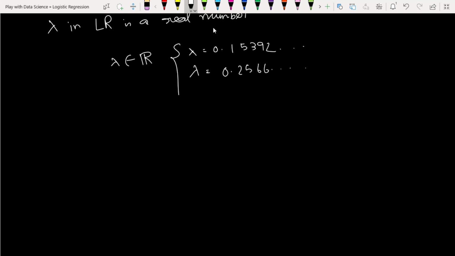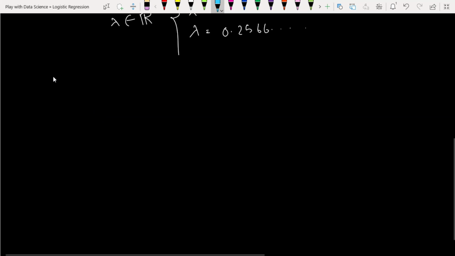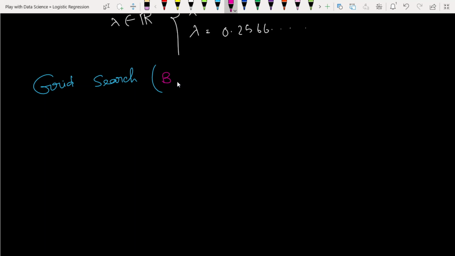Grid search. So let's discuss grid search. What is grid search? The grid search technique, we can alternatively call it the brute force technique. Some authors call it a brute force technique.